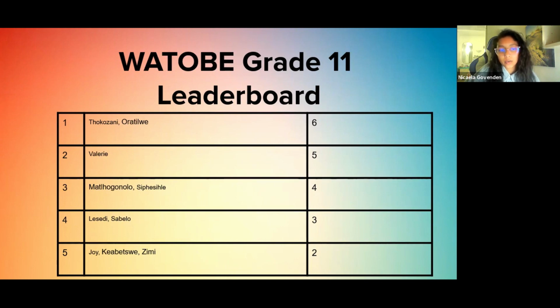And then Troy, Kebetswe, and Simi, who have 2. So I would just encourage you guys, I'm sure these numbers are going to go up now after we give you the revision. The more you practice, I'm sure everything will start making a bit more sense. This is a little bit challenging, but with practice, I'm sure you guys can get there.